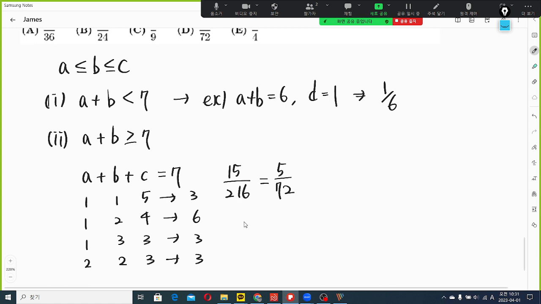So let's think of this case. Let's say the first turn makes 166. So in this case, we will pick these two, and then redraw these two dice to make the sum of 6, to make the total sum 7.